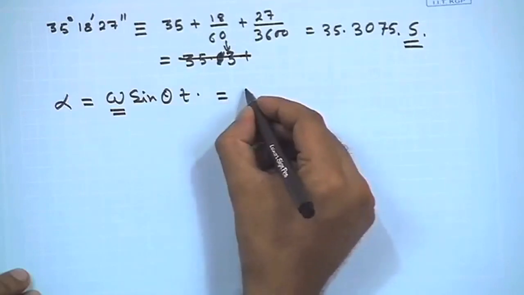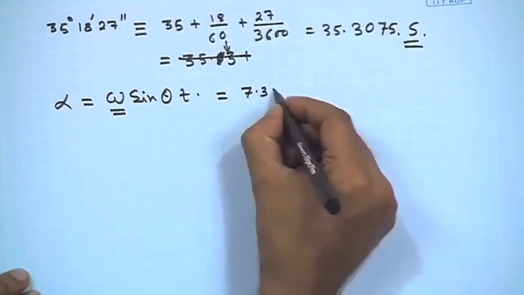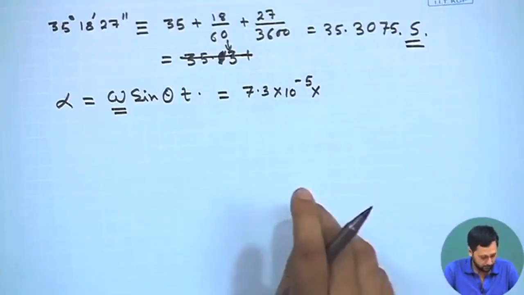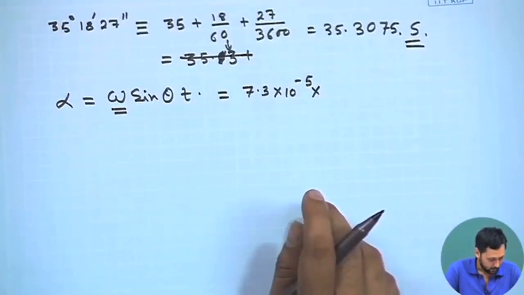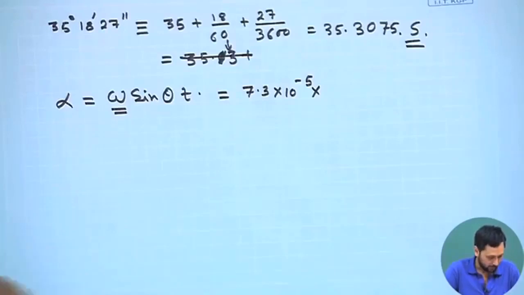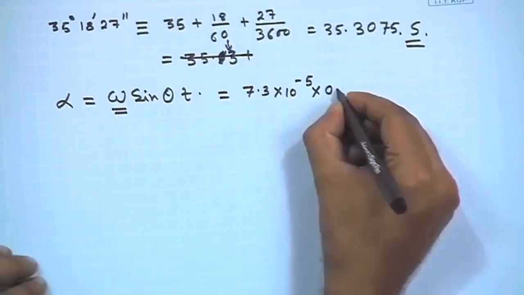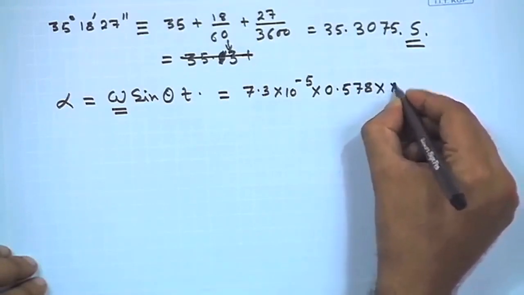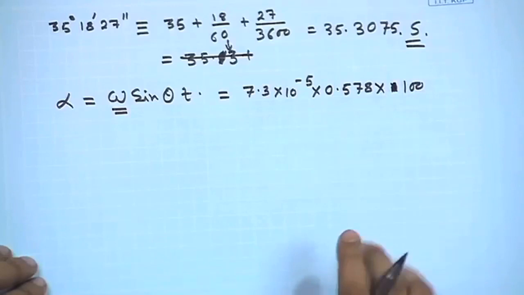So, we have to put these values in. It will be 7.3 into 10 to the power minus 5 into sine of this angle, which is 0.578, into t, 100 seconds.